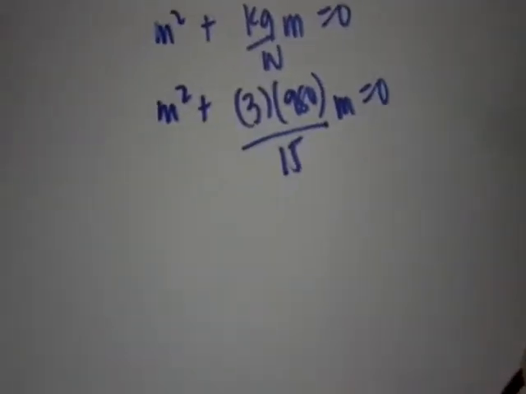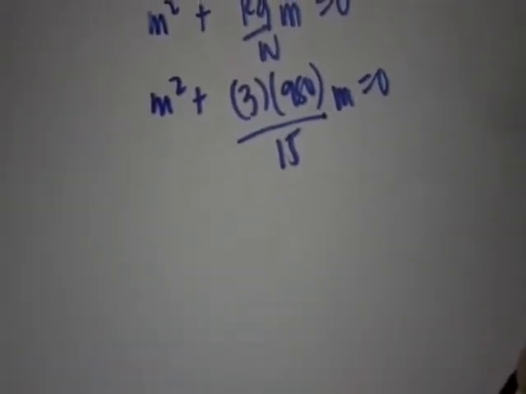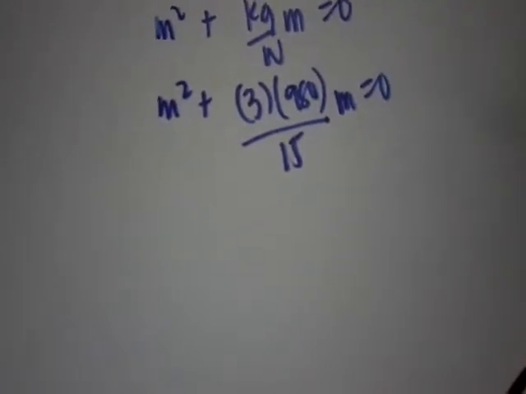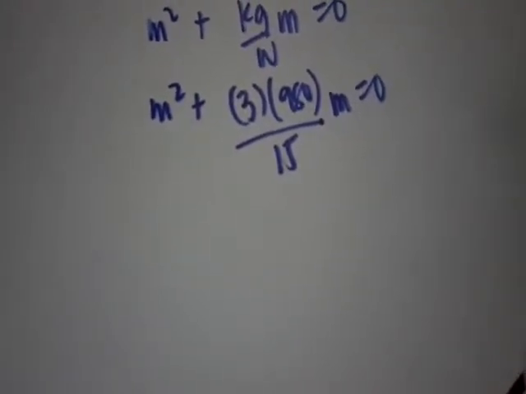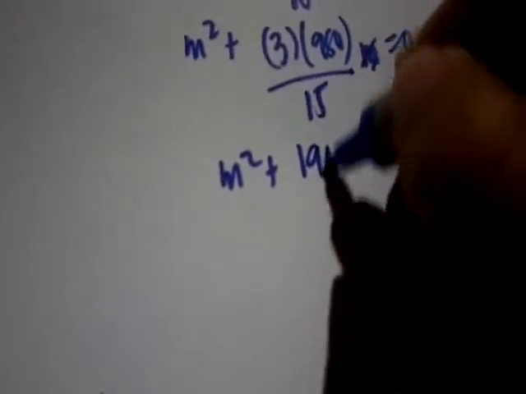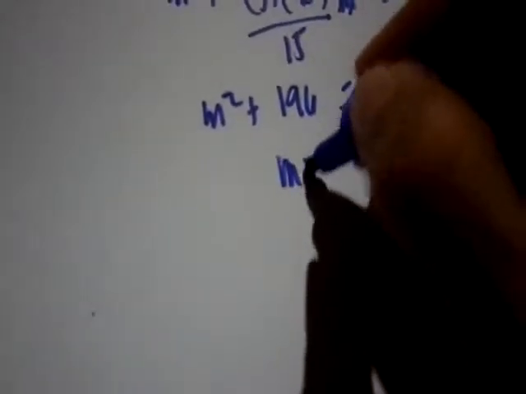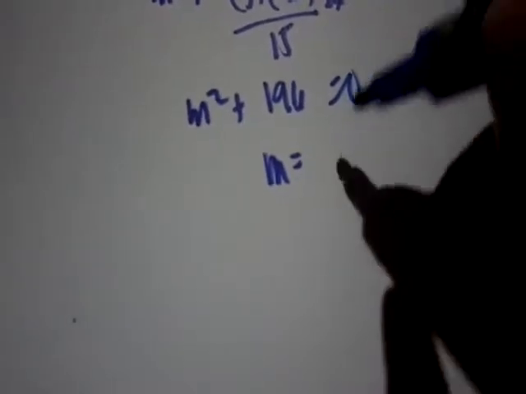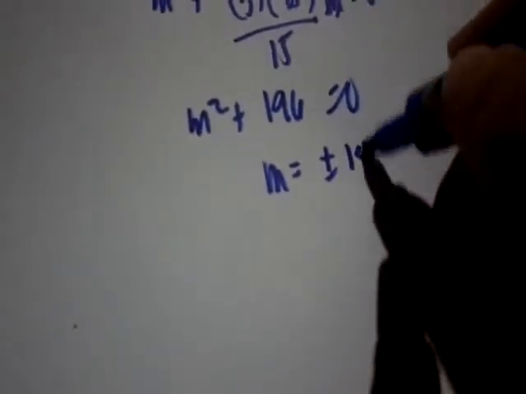Then we will have a value of 3 times 980 divided by 15, which is 196. There's no m term. So m squared plus 196 equals 0. So m is plus or minus 14i.